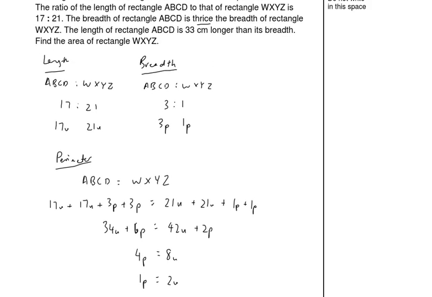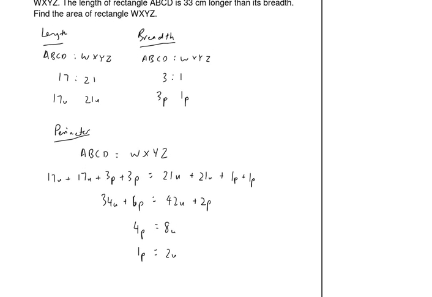They say that the length of rectangle ABCD is 33 cm longer than its breadth. Okay, this is 17 units. This one I can also express in units, right? Okay, so this is actually 6 units, and this is 2 units.